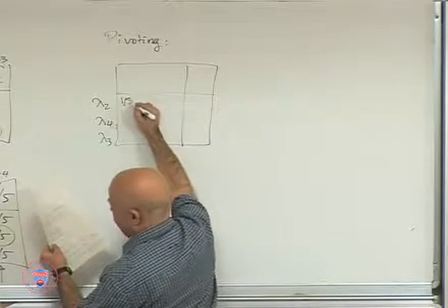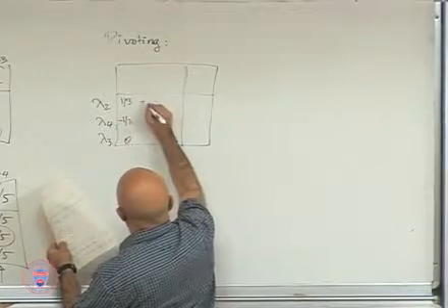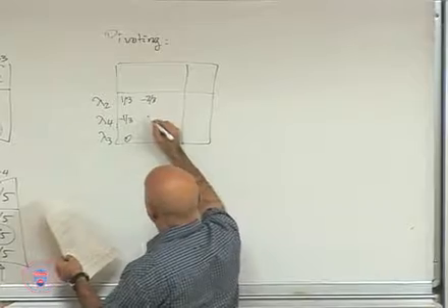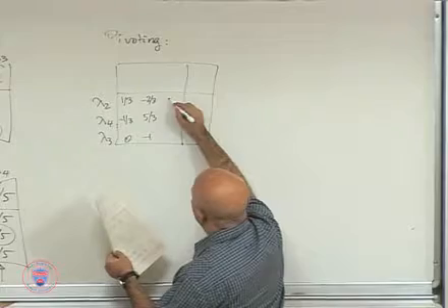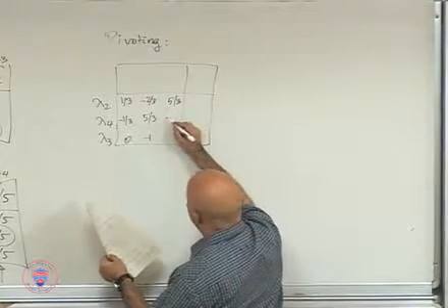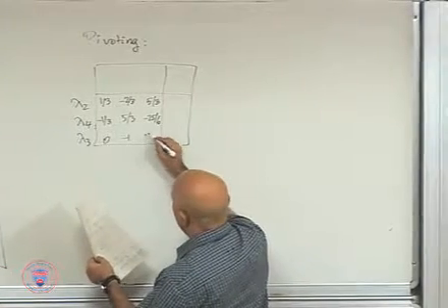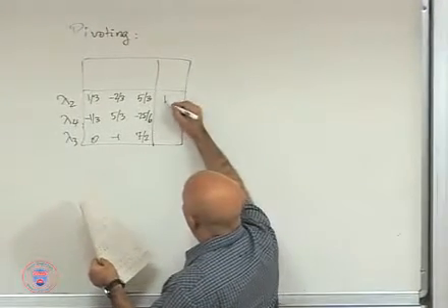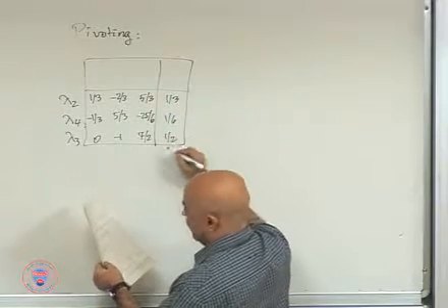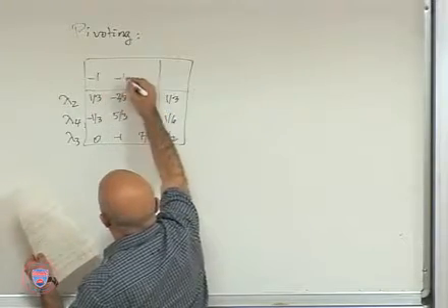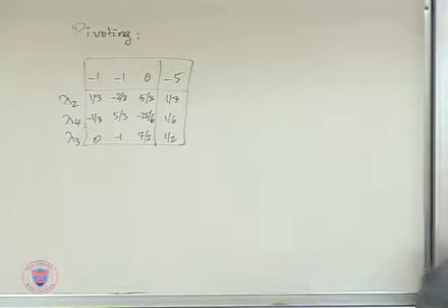You've got 1/3, minus 1/3, 0, minus 2/3, 5/3, minus 1, 5/3, minus 25/6, 7/2, 1/3, 1/6, 1/2, minus 1, minus 1, 0, minus 5. That's the new one.